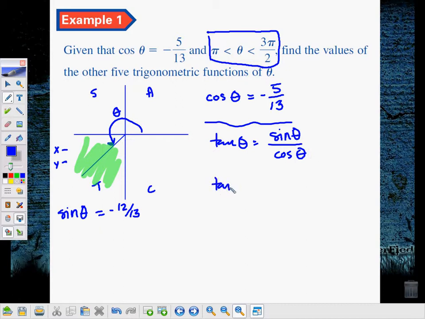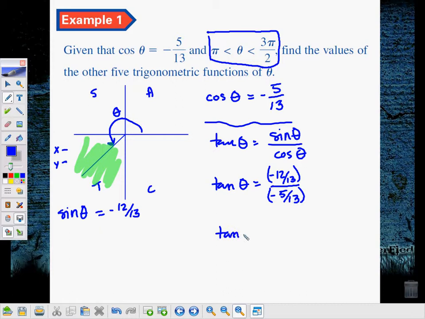So the tangent of theta is equal to negative 12/13 over negative 5/13. Okay? If I put that in my calculator, or if you're comfortable with fractions, but if you do this in the calculator, make sure this is a set of parentheses and this is a set of parentheses.